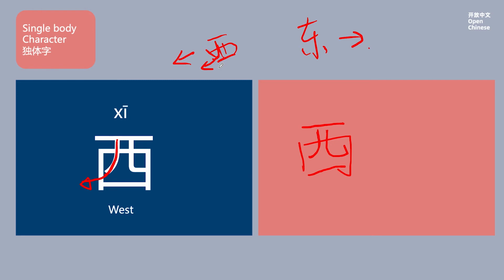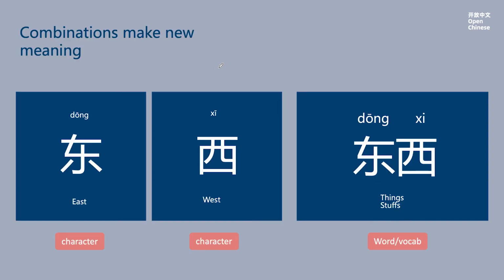And of course, if we have dong, xi, east and west, we combine them together. That makes a very commonly used word in Chinese: 东西, means things or stuff. How so? Because in the Tang Dynasty, about 900 AD, there is a great city, its capital called Chang'an, which is today's Xi'an.